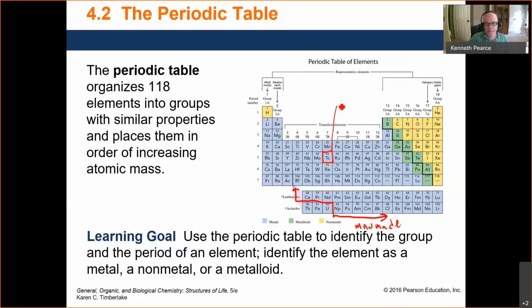Technetium is man-made. It's a radioactive element that's right in the middle of the periodic table. And so there are 91, since the last naturally occurring element is uranium 92, and one of them lower is man-made. There are 91 naturally occurring elements, 91 natural. All the others are man-made.